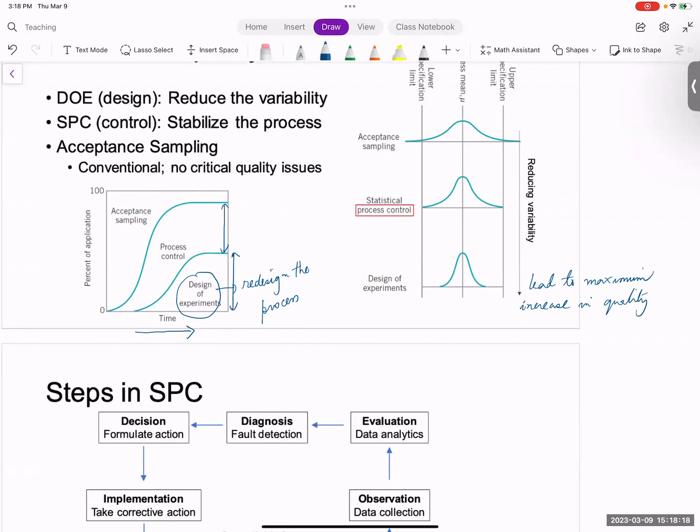And then acceptance sampling will lead to the lowest improvement or increase in quality. Let me correct this.